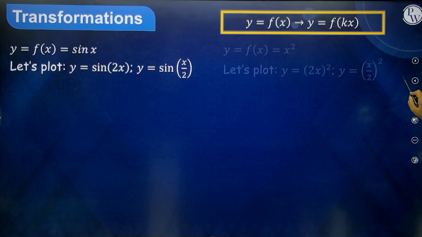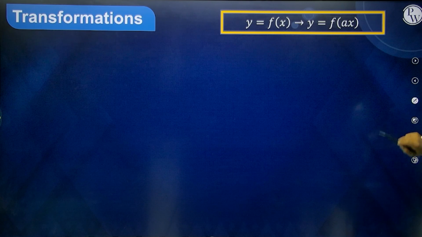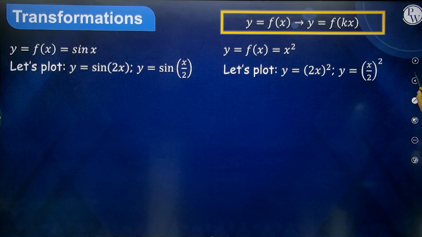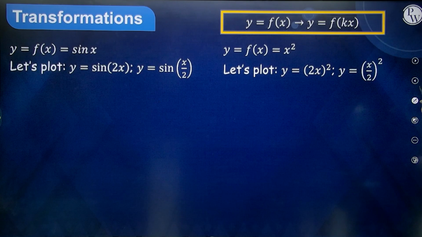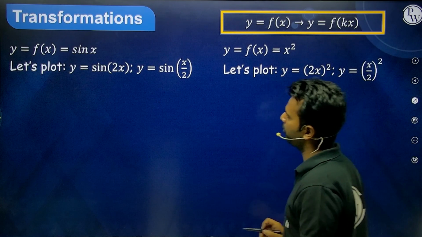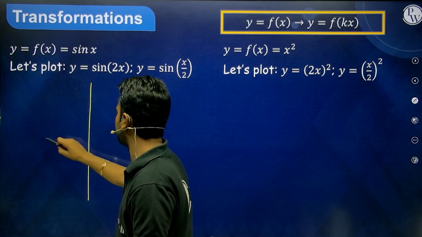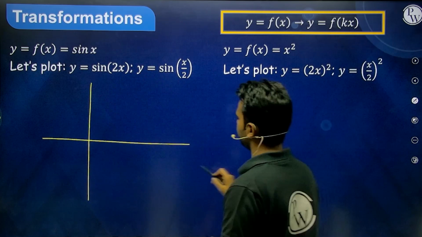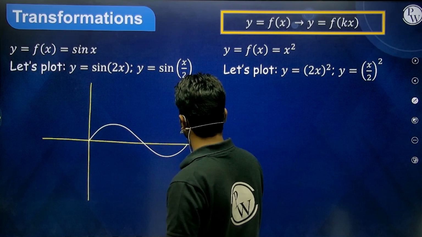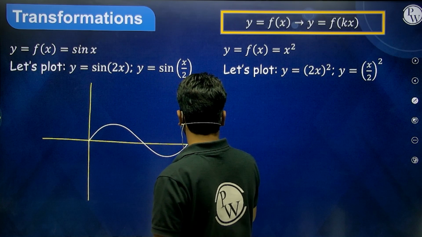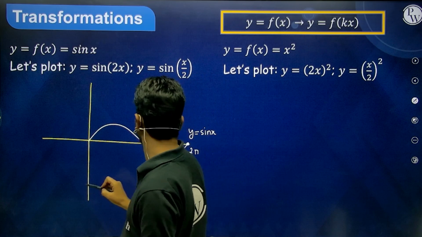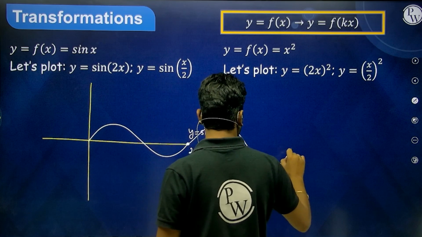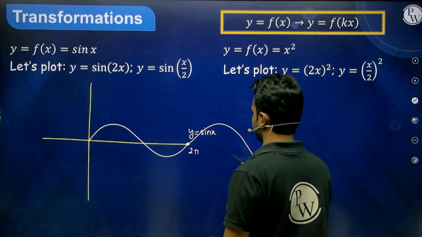Okay. Yeah, let's talk about a few graphs like this. Okay. So I hope you are aware that y equal to sin x looks something like this. So this is 2 pi. Okay. And if you draw it further, it will look something like this.